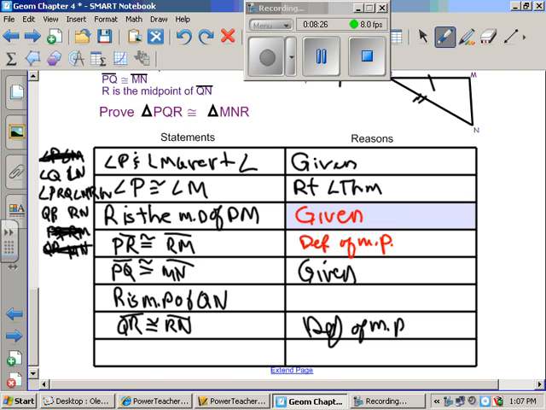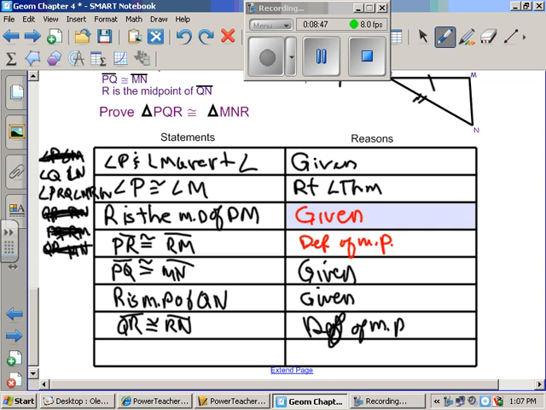That should be it. There we go. And that's given. Now, if you were going to do this exactly perfectly, you'd probably put both these givens together. But don't worry about it if you want to do them separately, if it helps you keep it logical. All right, so I can cross out QR and RN.